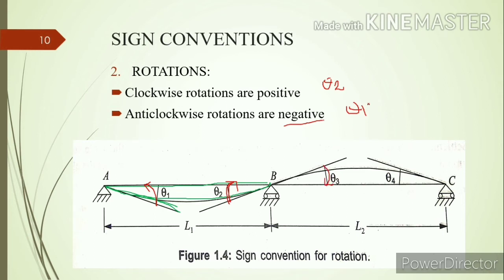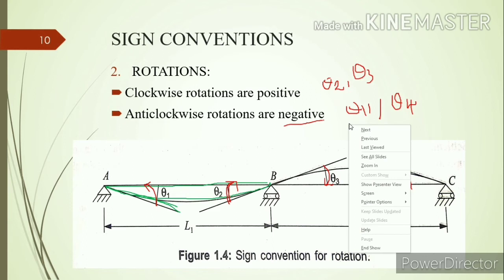This is clockwise. Clockwise is positive, so theta 3 is positive. Similarly, theta 4 is measured from the tangent to the initial position. The direction is anti-clockwise, so theta 4 is negative. Anti-clockwise rotations are negative. This is the sign convention for rotations.